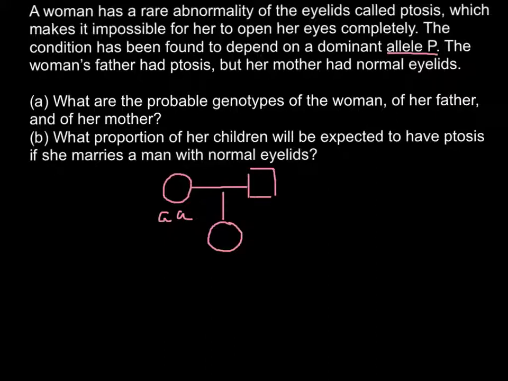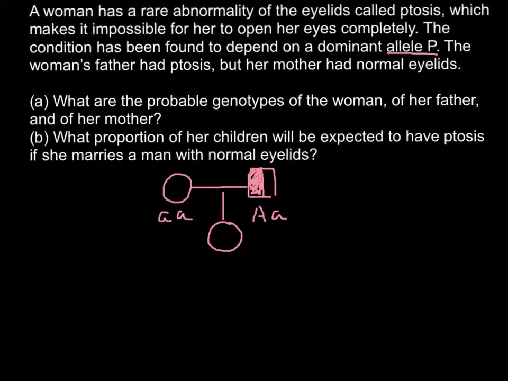So her father's genotype would be capital A, small a, and we don't need two alleles to be defective in order for this genetic disorder to be expressed, because as you see, this is a dominant disorder, and capital A here stands for the mutated allele, and small a is a normal allele.